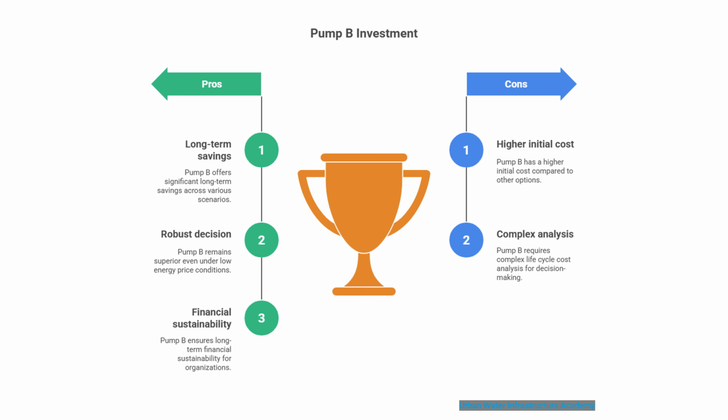At 3% discount rate, differences roughly equal $39K because future costs weigh more. At $0.3 per kilowatt hour energy price, Pump B's advantage widens further. Even under low energy prices, Pump B still outperforms, making the decision robust.